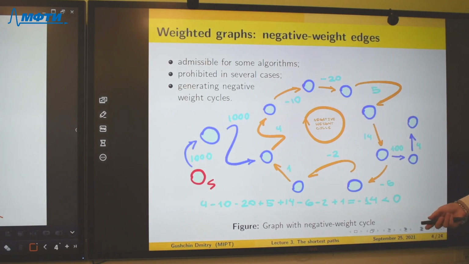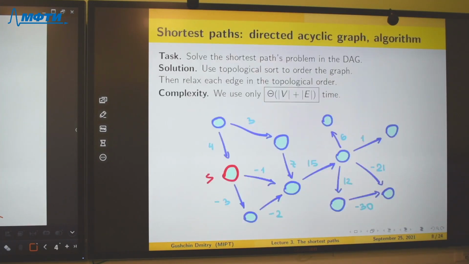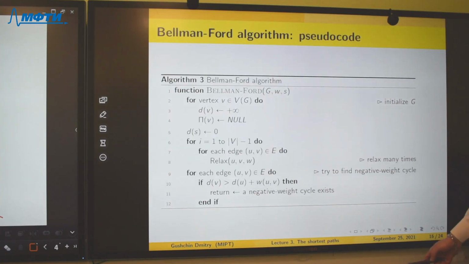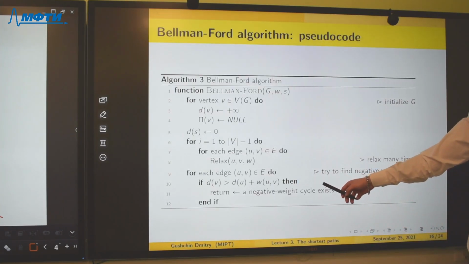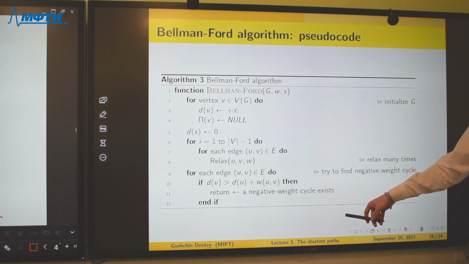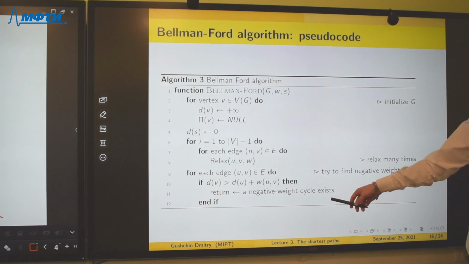So if the graph has a negative weight cycle, then when we relax all the edges the last time, it changes some distances, and so we find it.